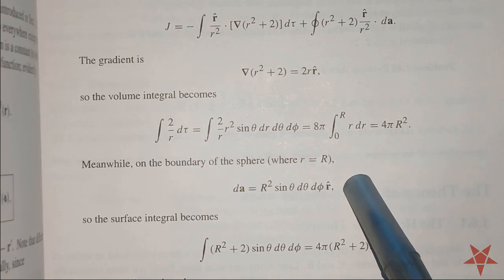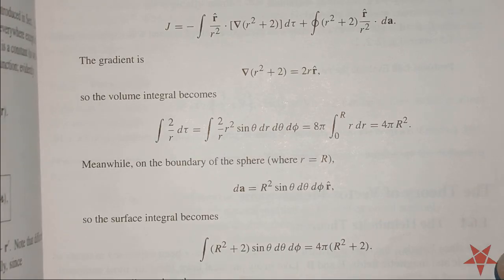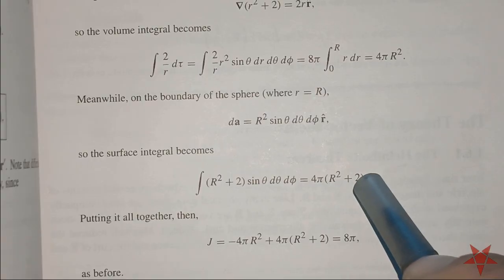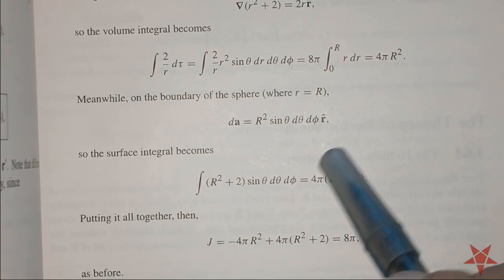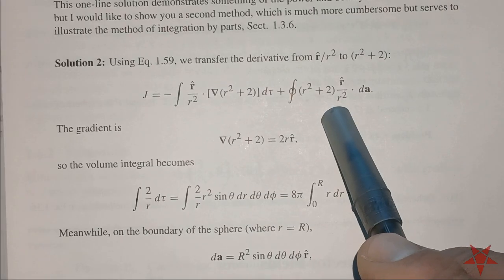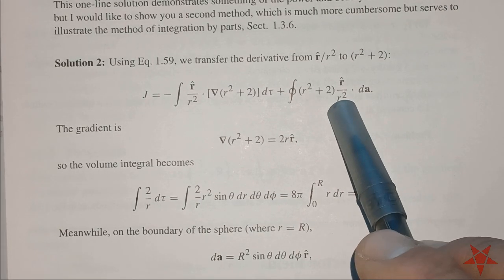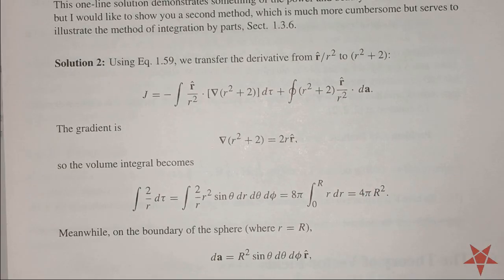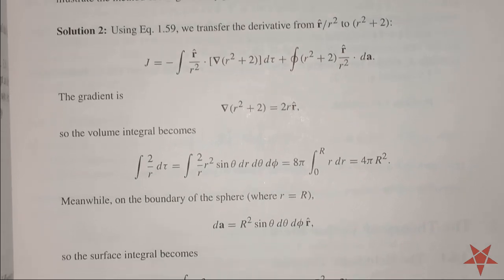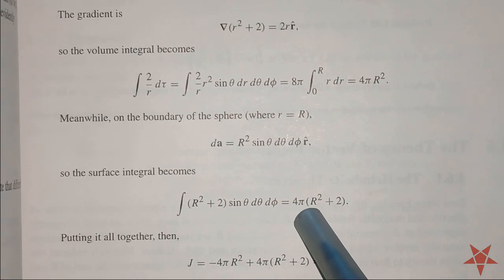We then need to set up a term for dA, and dA is dotted with the term r hat over r squared multiplied times the f term, in this case r squared times 2. And we come up with 4 pi r squared plus 2.